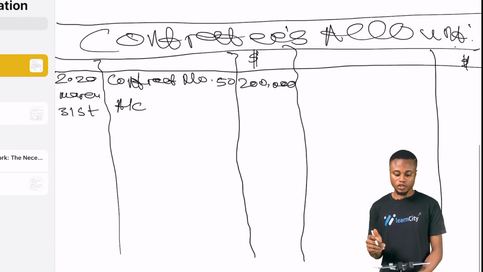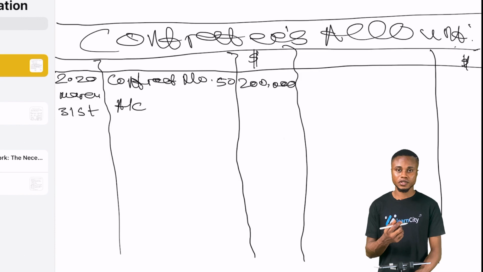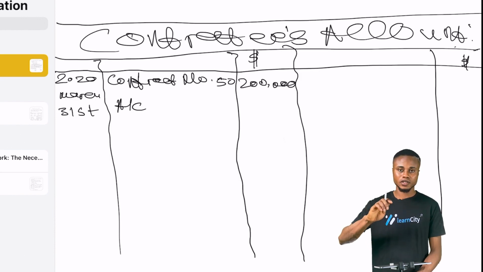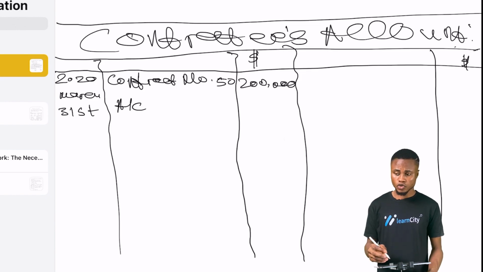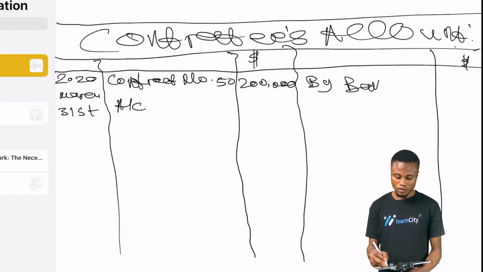Okay. The contractee has received that amount of $200,000. He cannot hold it in his hand, so he has to credit it into his bank account. So it will now go to by bank account.